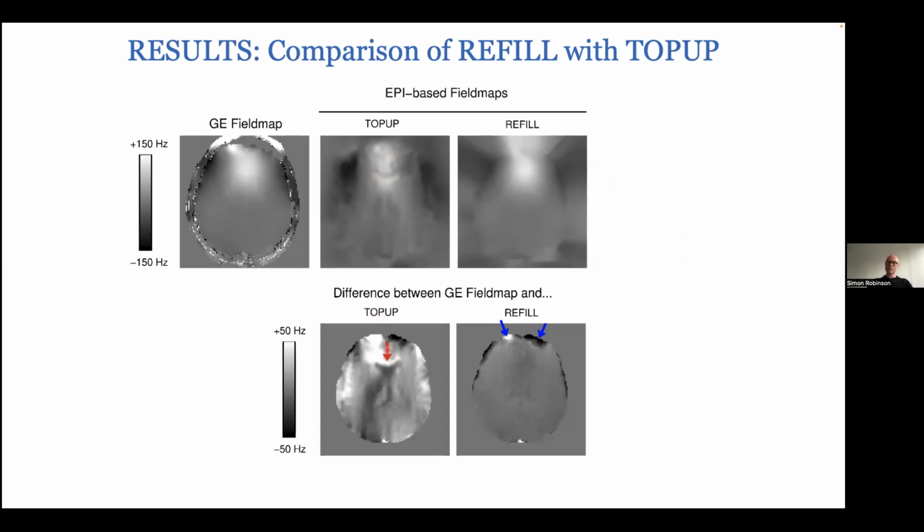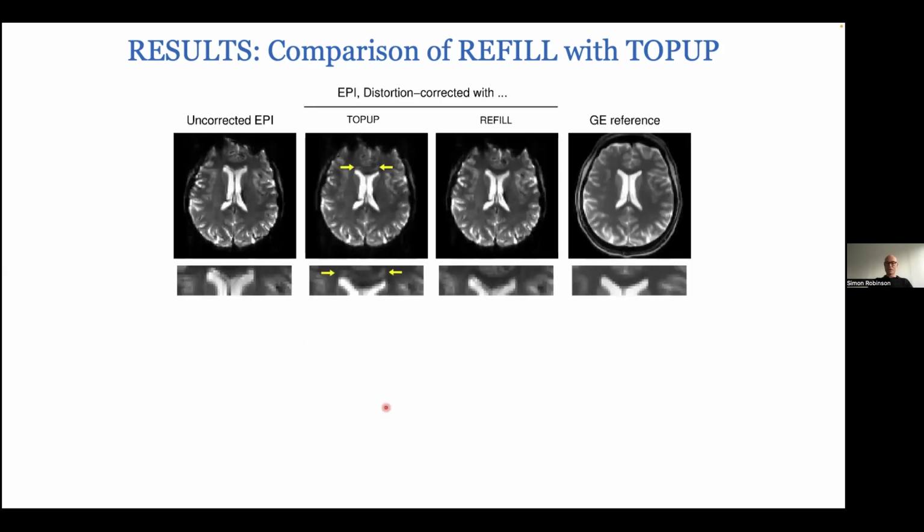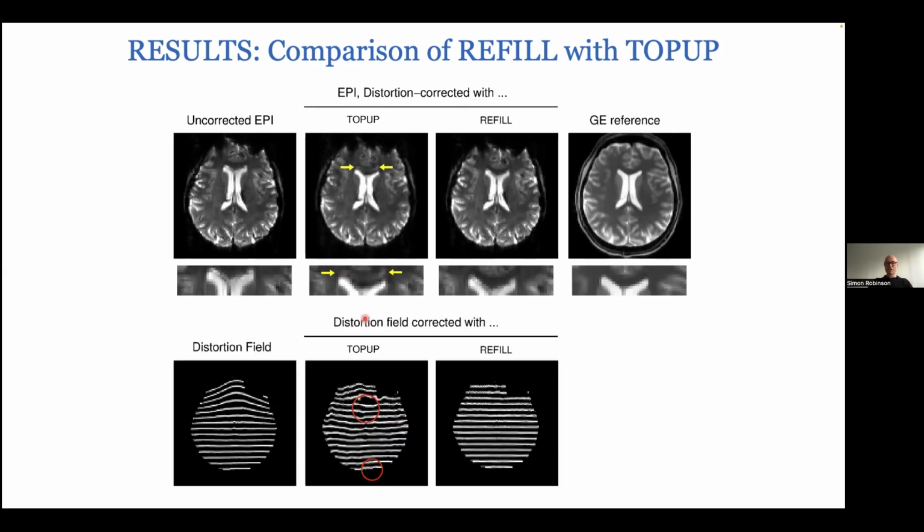If we calculate the difference between the refill field map, that's our dynamic field map, and the gradient echo field map, and the same for top-up, we can see there's quite a lot of structure here which doesn't really look right. And if we apply both the top-up and the refill field map to correct the distortion in the volume, we can see that we're getting this kind of shadowing here in the top-up result, which isn't reflected in the original.